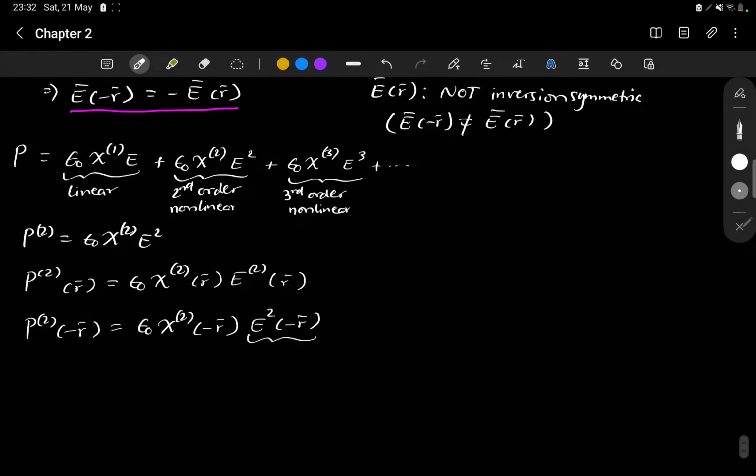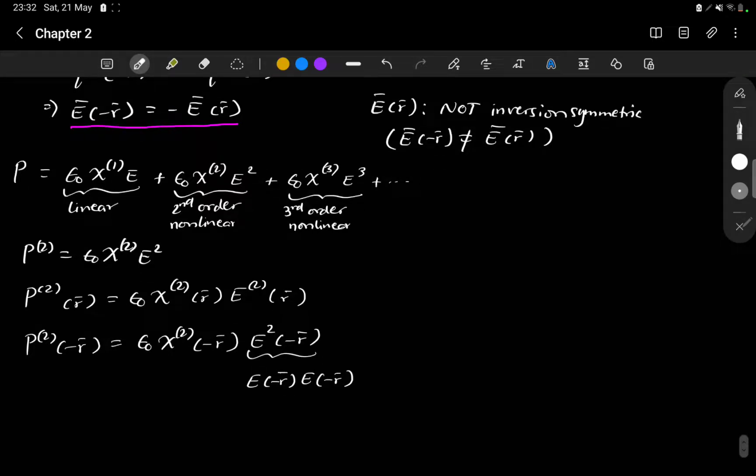Now E squared at minus R is basically E at minus R times E at minus R. Now E at minus R we saw over here in this equation is minus of E of R. So this is minus E of R times minus E of R. So this is nothing but E squared of R. So E squared happens to be symmetric under inversion. So we get the following.